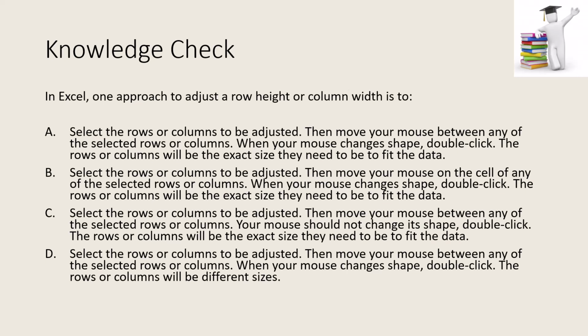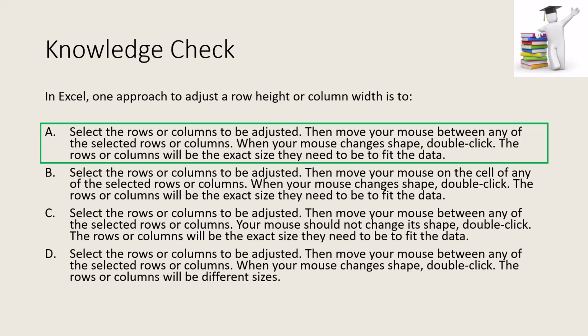When your mouse changes shape, double-click. The rows or columns will be different sizes. The answer is A. Select the rows or columns to be adjusted. Then move your mouse between any of the selected rows or columns. When your mouse changes shape, double-click. The rows or columns will be the exact size they need to be to fit the data.